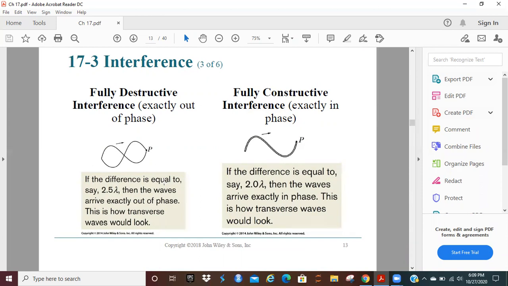If, however, they differ by a wavelength, or multiples of that wavelength, then the waves arrive exactly in phase, and this is how things would look. In other words, you're going to see constructive interference where one is assisting the other. And that is considered to be exactly in phase.